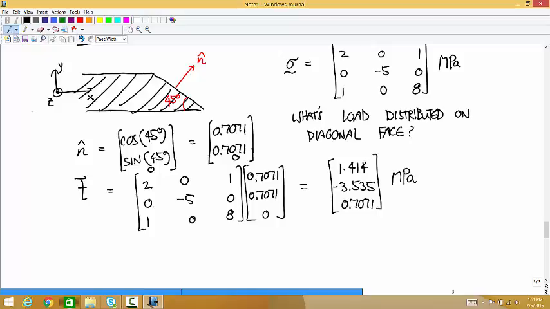And so if this is the stress tensor at points on the surface, this has to be the distributed load that's applied externally to this object on that face. Any questions about that? So that demonstrated, if you knew the stress tensor, how you could figure out what the external load is that's applied to this object.